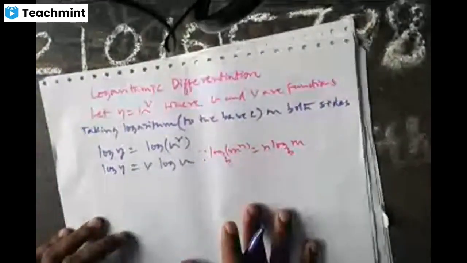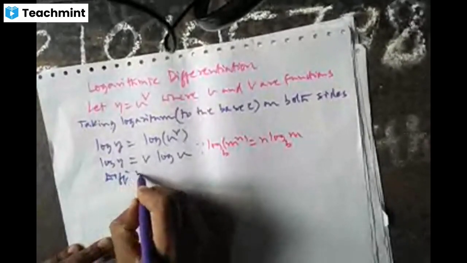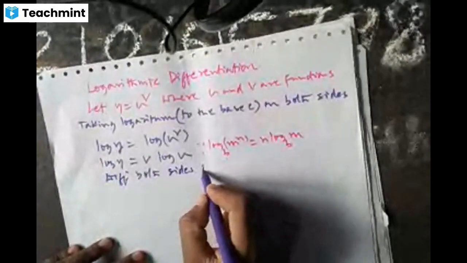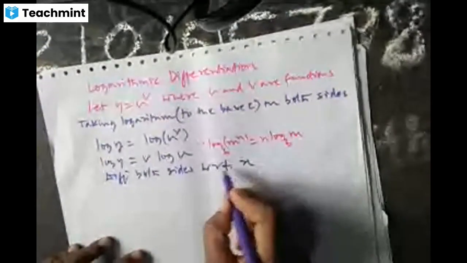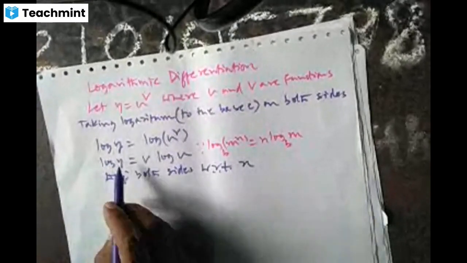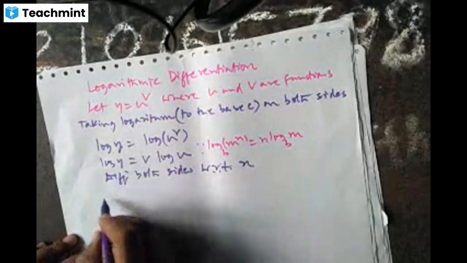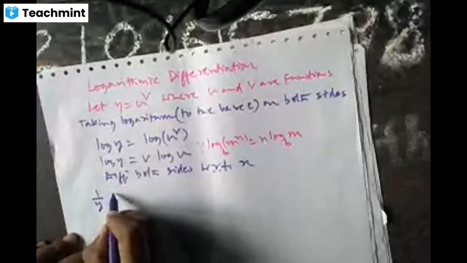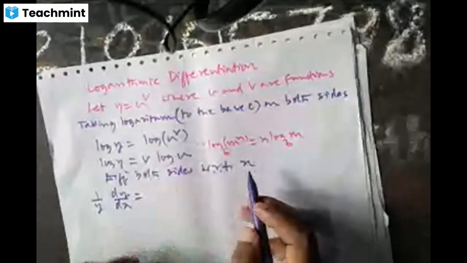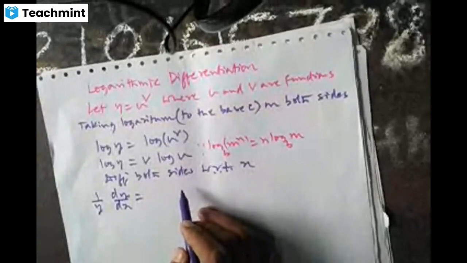Now we shall differentiate both sides with respect to x. On the left hand side, d by dx of log y. Log y is a function of y, so we have to use chain rule. So d by dy of log y is 1 by y into dy by dx, correct? On the right side, we have a product of two functions, so we have to use product rule.